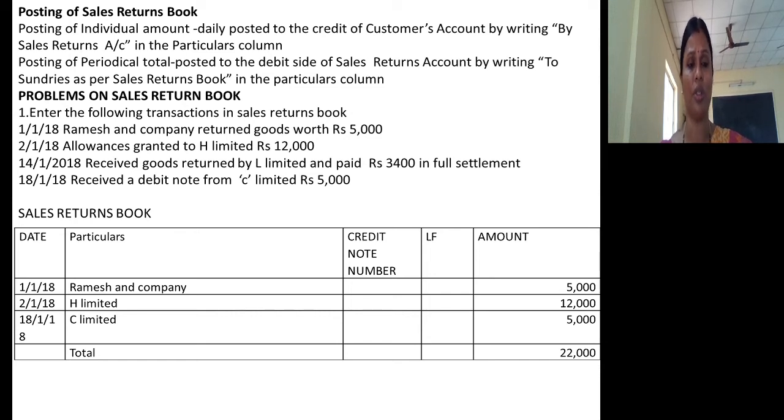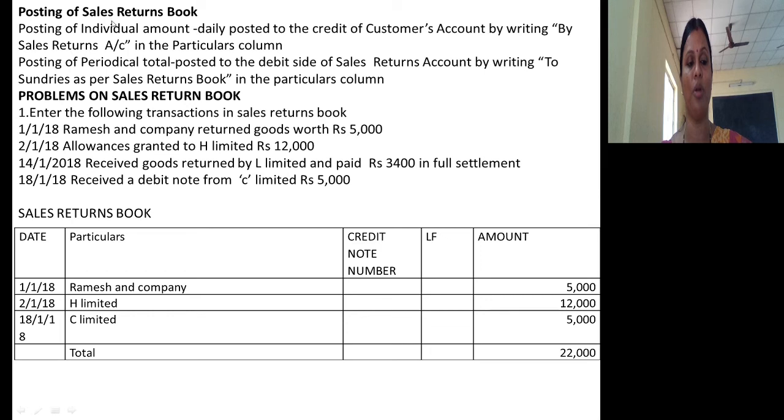Sales return account debtor to customers account. So customers account will be credited. That's why on credit side of customers account you will record by sales return account. Sales return account will be debited. So on debit side of sales return account you will record either to particular customer account or to sundries account. So this is how you will post entries from sales return book to concerned accounts.